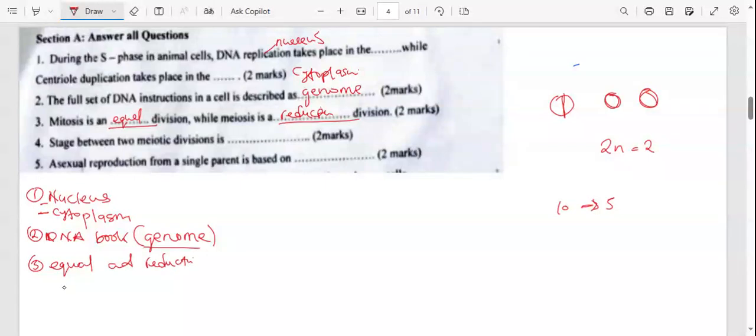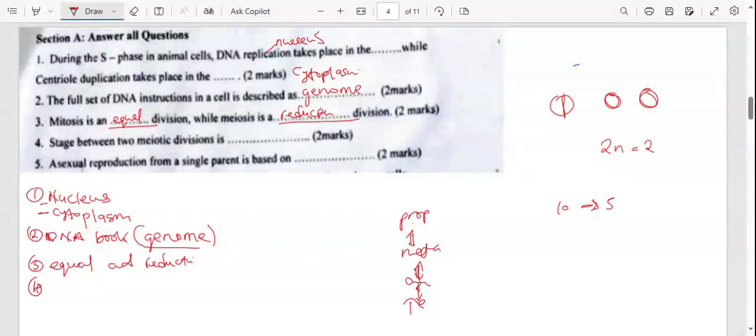Then question 4 says: the stage between two meiotic divisions is called what? So when we have, let's say, prophase, metaphase, anaphase, and telophase, the stage in between these divisions we call interkinesis.